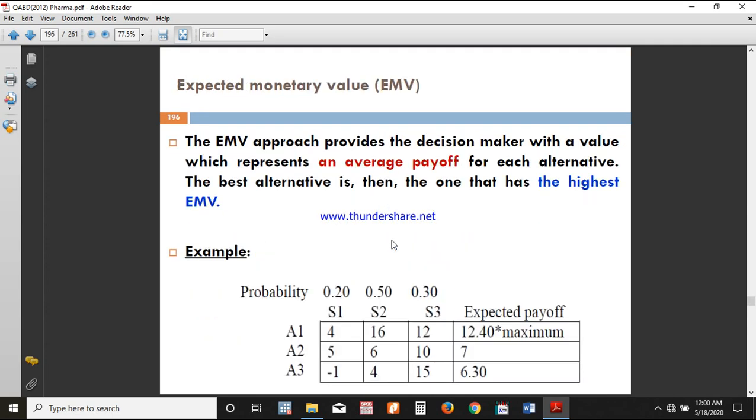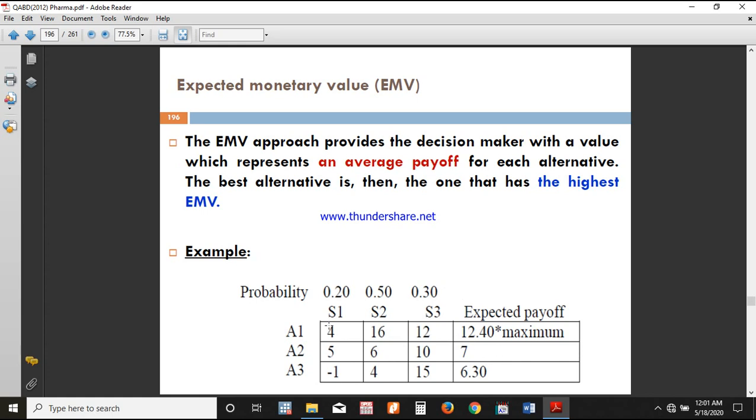Therefore, let's take the first approach, when there is a probability of occurrence of these different revenues with these three different states of nature stated here, and the three alternatives A1, A2, A3 are displayed here with their probability. This is the first state of nature. The occurrence is with probability 20%, whereas the second state is 50%, and the third state is 30%.